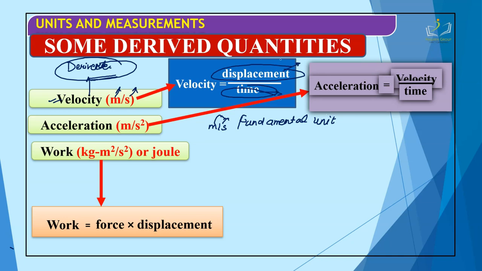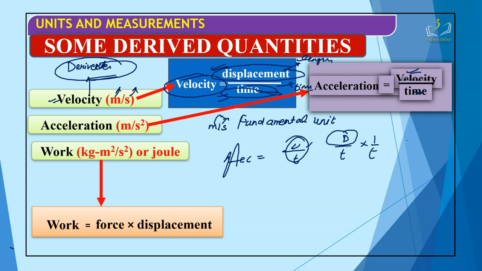As you can see, displacement is a length, and time is again a fundamental quantity. So these quantities depend on the fundamental quantities. Similarly with acceleration, the formula for acceleration is velocity by time. So velocity we can write as displacement by time, into 1 by t.